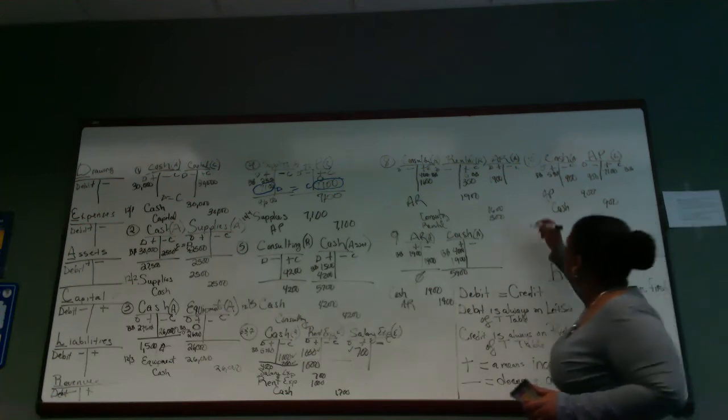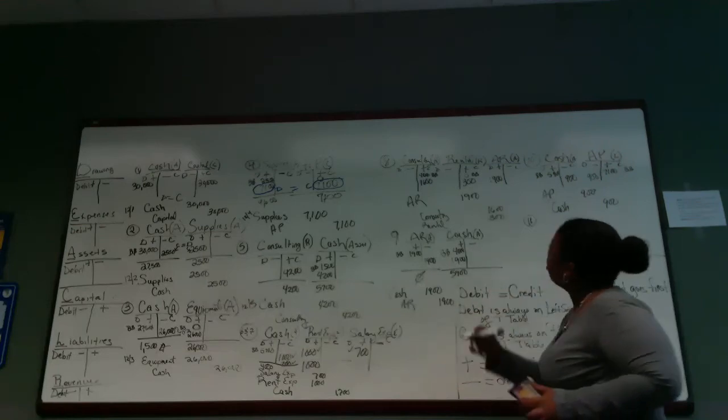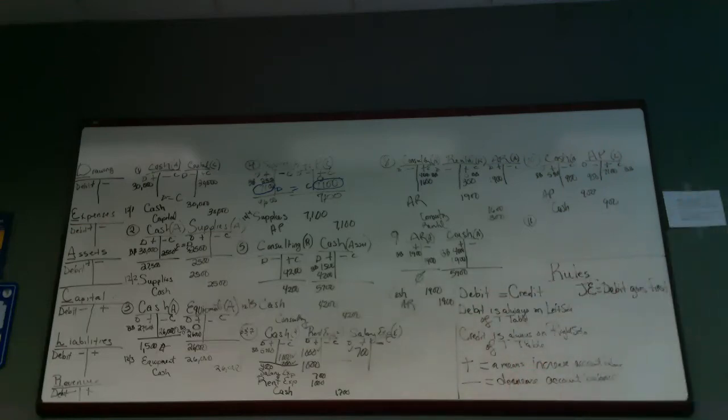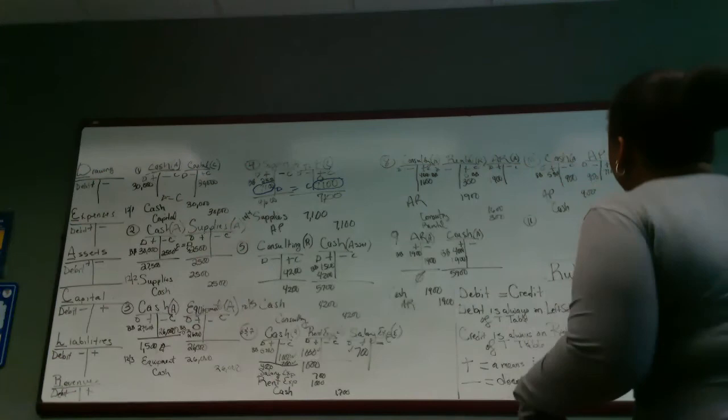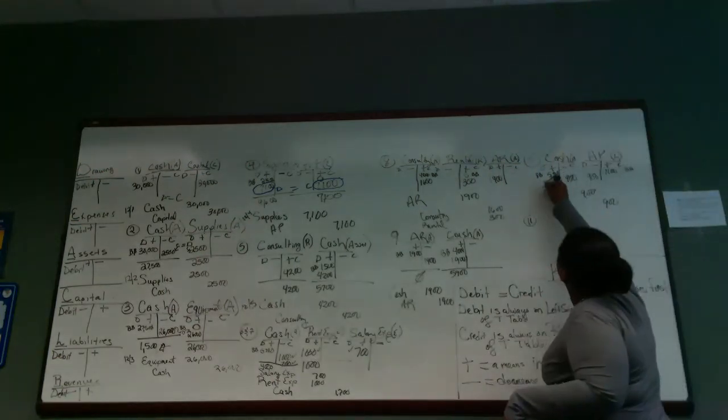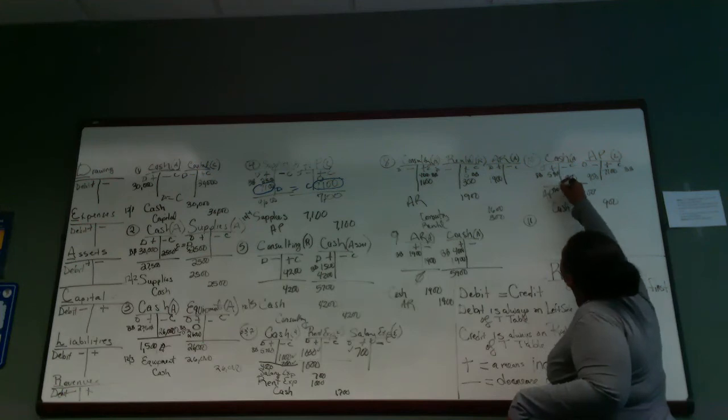Number 11, final one, is going to be withdrawal of cash by owner. He was like, oh, I got a little bit of money. Let me go ahead and take some of that out. What's my balance in cash? $5,000.